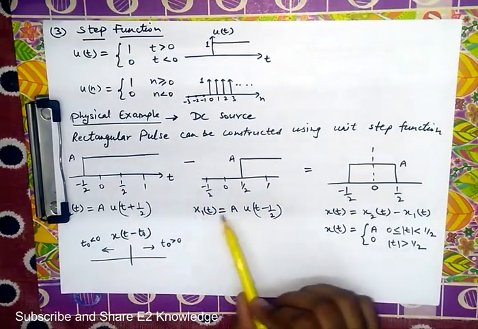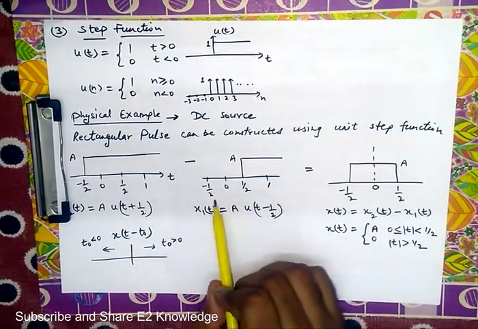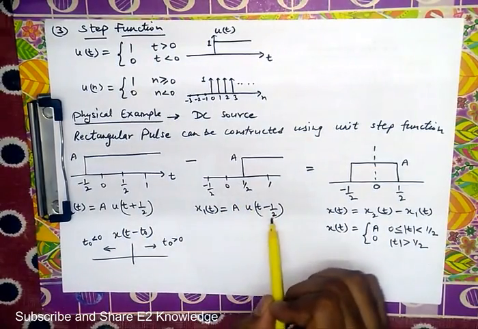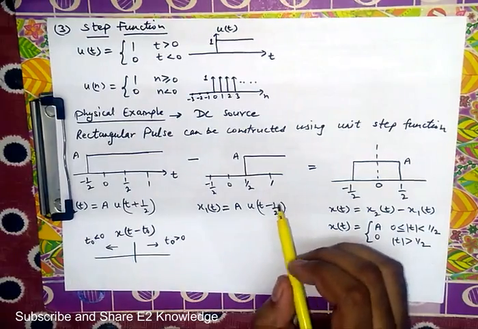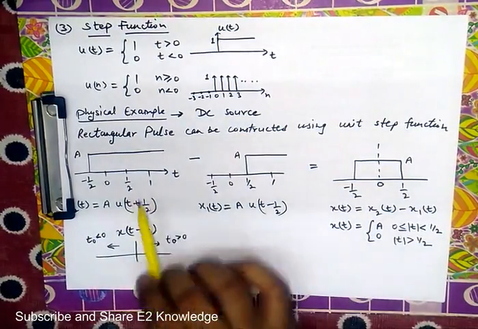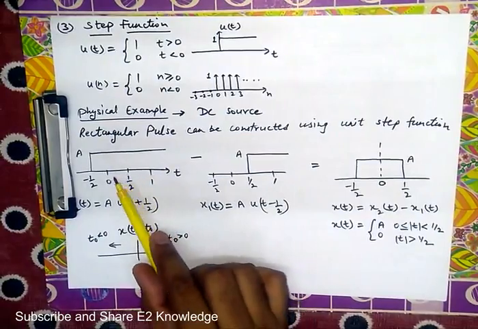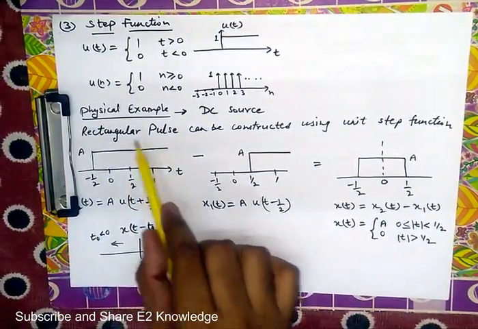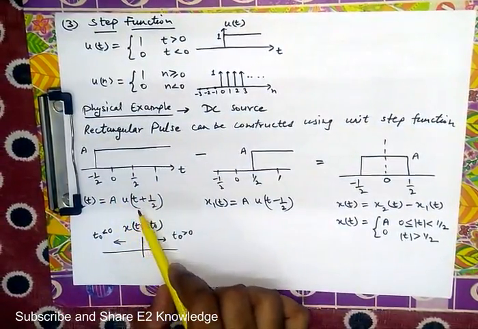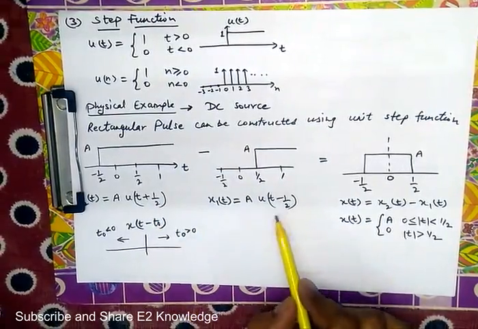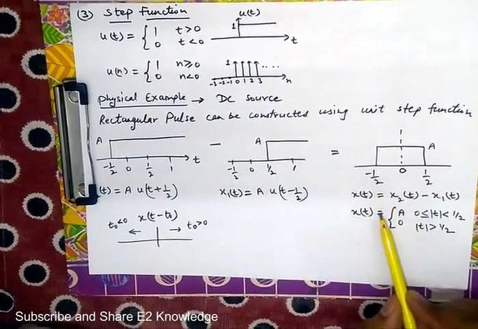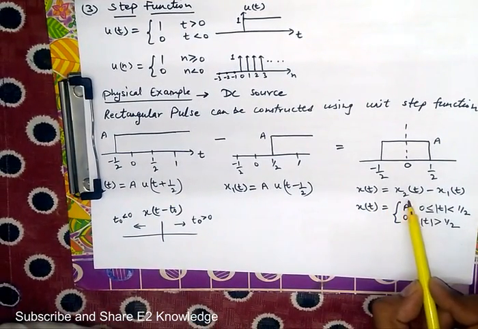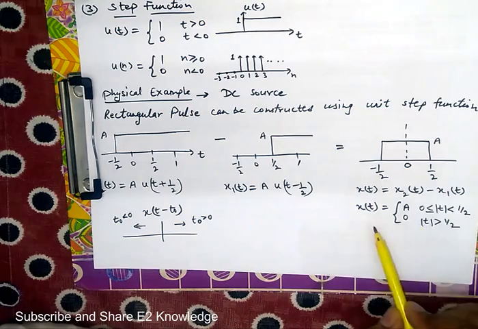In the second case it is shifted towards right, u(t minus 1 by 2). Now if we subtract these two functions, u(t plus 1 by 2) and u(t minus 1 by 2), with amplitude A, obviously, then it becomes x(t) equal to x2(t) minus x1(t).